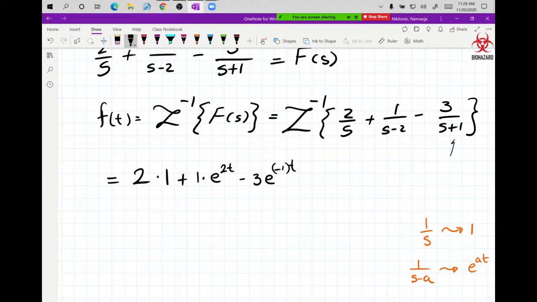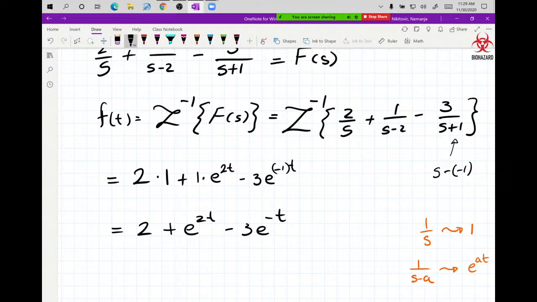I just wanted to make sure that you see that this is s minus minus 1, so that we can get that negative 1 in front of t. So now when you just take care of all this nonsense of times 1, you get your answer.